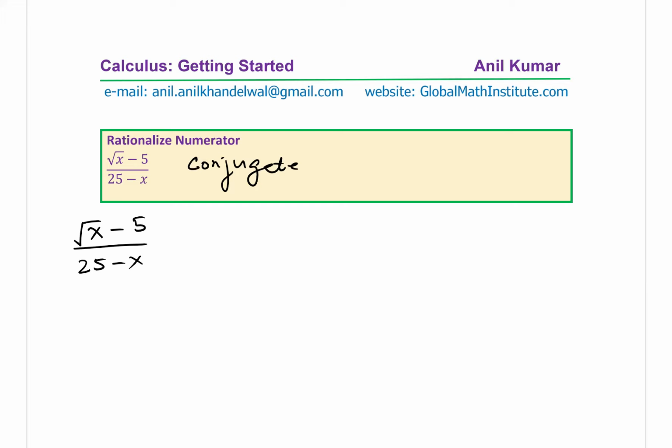Now to rationalize, we could actually write this as square root of x minus 5 over 25 minus x times the conjugate, which is square root of x plus 5. Correct? Change the sign to get the conjugate. Now, here we will apply this property. What is a plus b times a minus b?